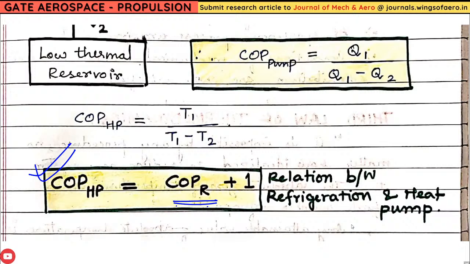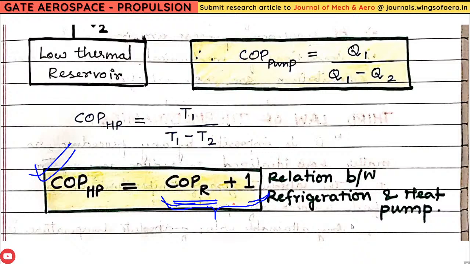Refrigerator, why? According to the formula, it is the heat pump which has the more coefficient of performance. How can you say that? It's seen from the formula itself. It's added by 1, so obviously, compared to the refrigerator, the heat pump has more. Yes, absolutely.